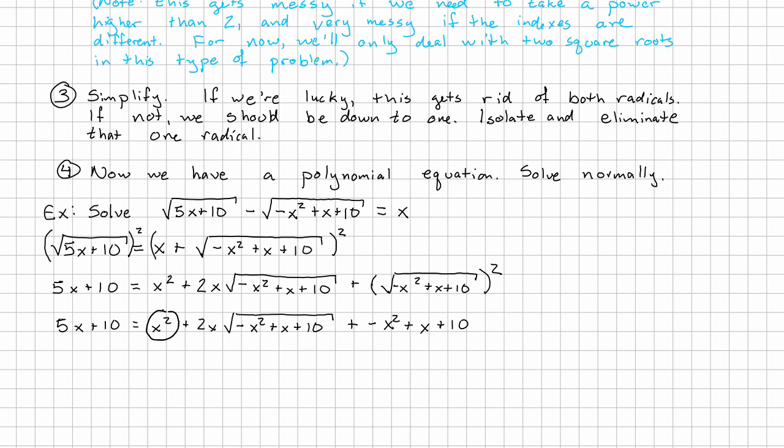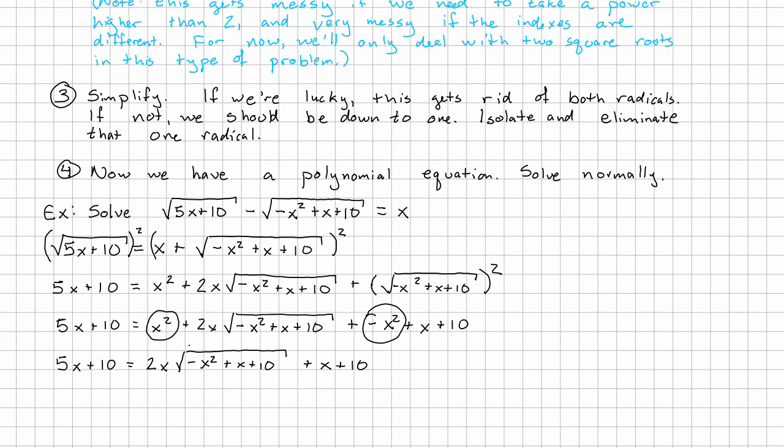Right. I've got an x squared and a negative x squared, and those cancel out. So I have 5x plus 10 is 2x times this square root plus x plus 10.